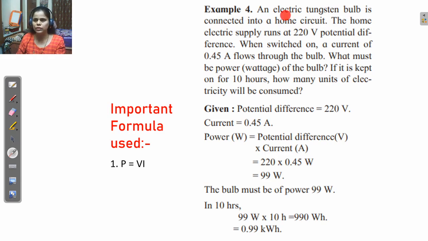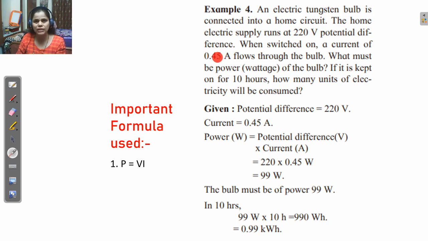An electric tungsten bulb is connected into a home circuit. The home electric supply runs at 220 volt. Potential difference is given 220 volt. When switched on, a current of 0.45 ampere.